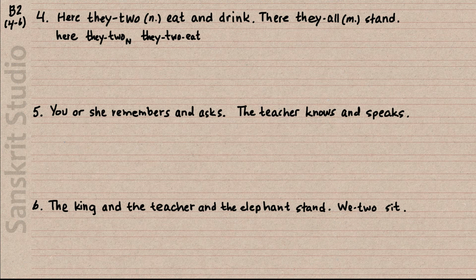And then we have an "and", which is connecting eat and drink. So it's still a word connector, but the word type is verbs as opposed to nouns or pronouns.